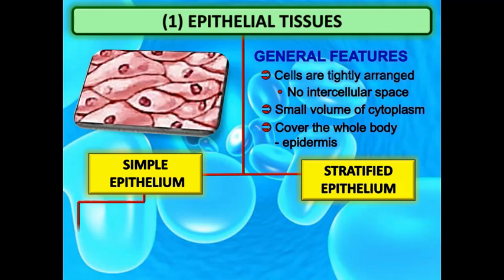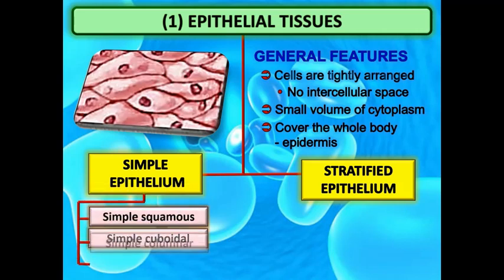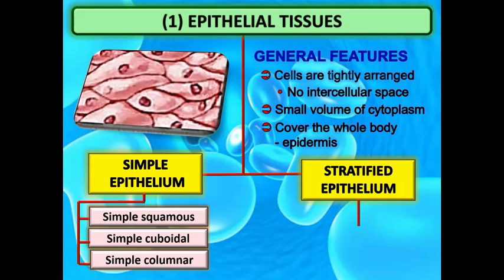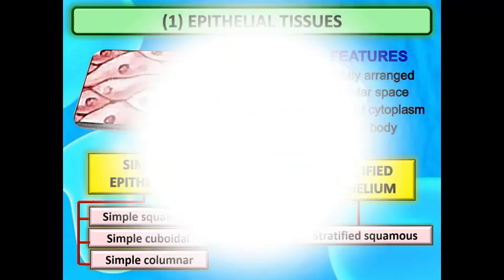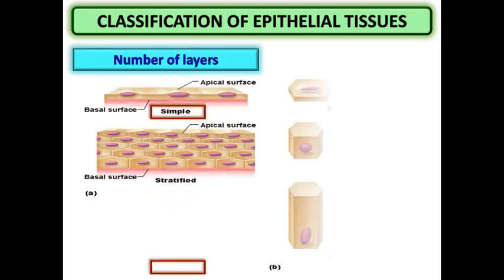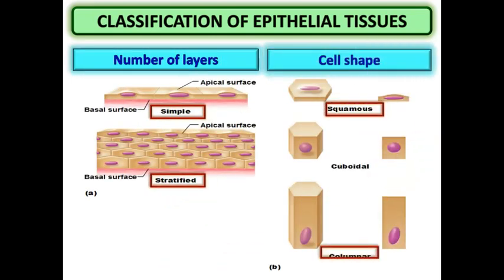There are 3 types of simple epithelium. And only 1 type of stratified epithelium. Number of layers: simple, stratified. Cell shape: squamous, cuboidal, and columnar.